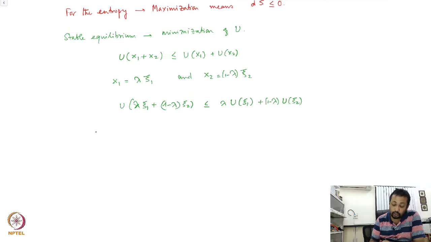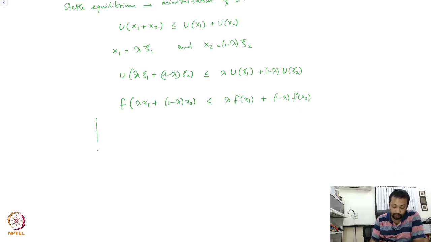which of course means that again if we consider a function of one variable, that translates to lambda x1 plus 1 minus lambda x2 is less than equal to lambda f of x1 plus 1 minus lambda f of x2, right? Now we are tempted to draw the function. So we look at x1, we look at x2. Clearly, let's say the function has some value f of x1, and at this point it has some value f of x2.